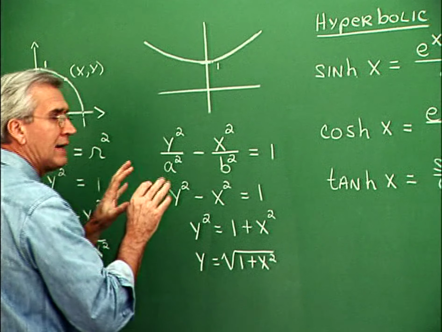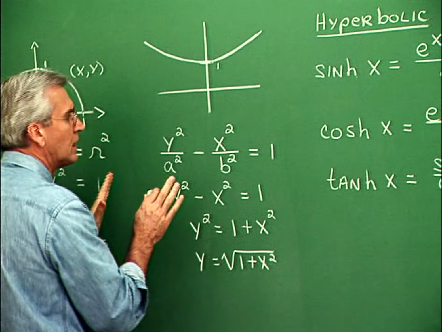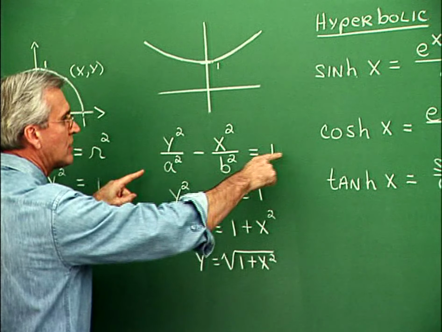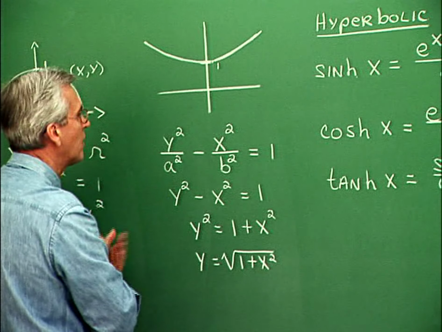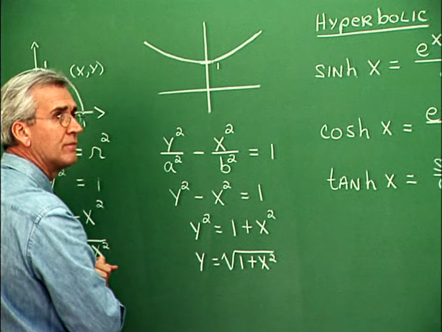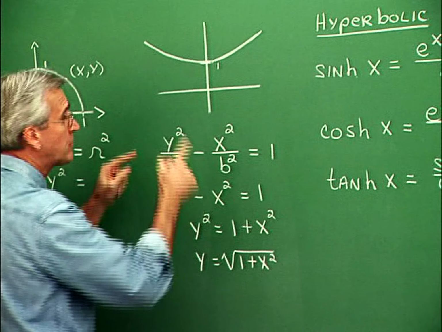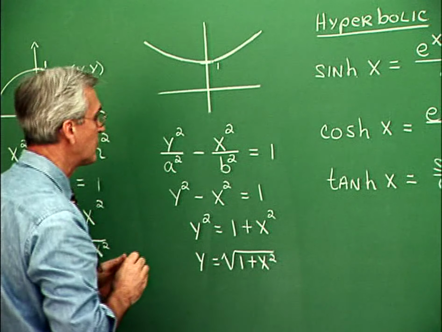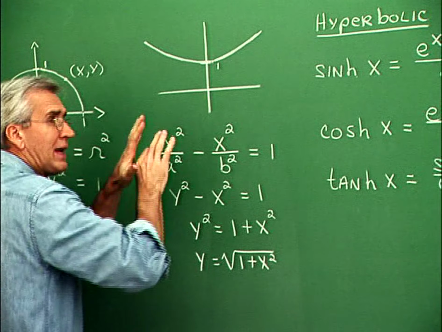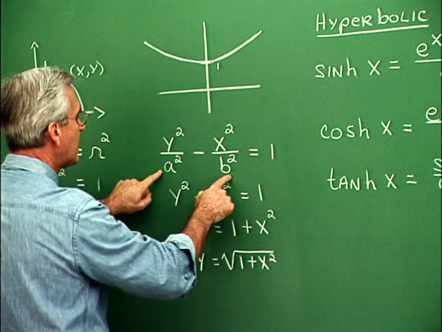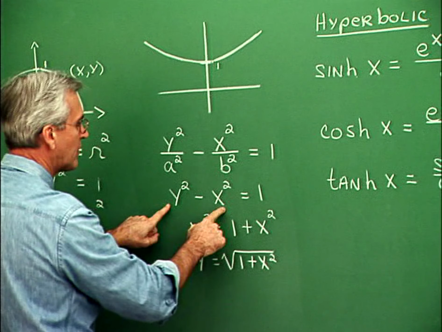Now, we know that for hyperbolas whose center is at the origin, we have this as our form for the function. Notice the y appears in the first numerator, x in the second numerator, and that's because we have a vertical transverse axis. Because we have a unit hyperbola, a and b are both 1. So we take a and b out of these denominators, and we have this.